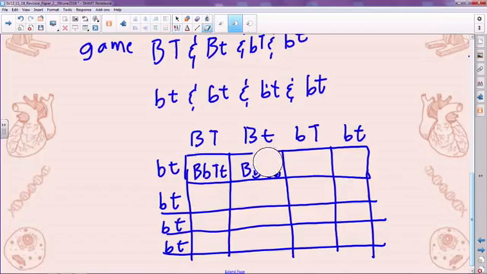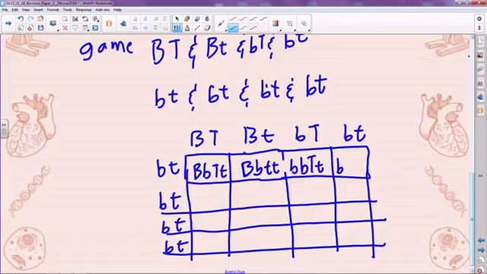Make sure that you know that small t, otherwise we're in trouble. There we go. All of them are going to be identical.